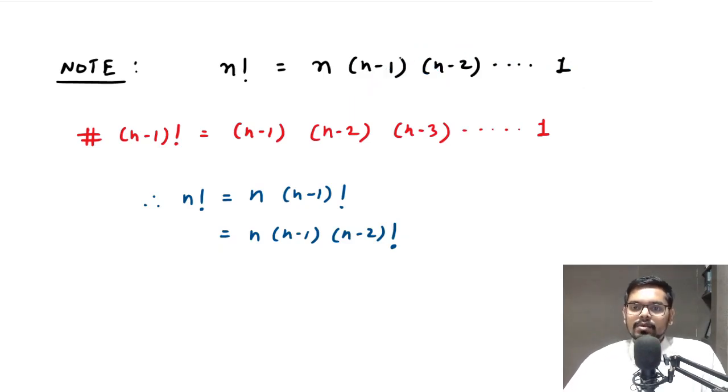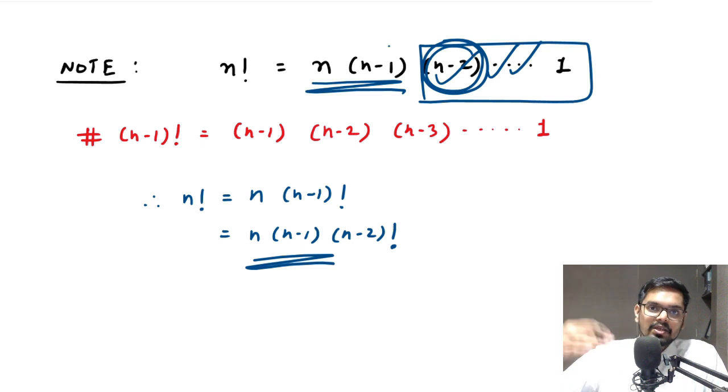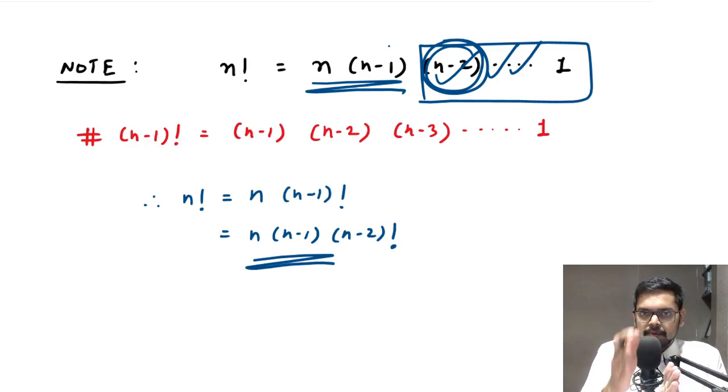Similarly, if I write these 2 terms and then make a box from here, n minus 2, n minus 3, n minus 4, and so on up till 1, this is nothing but the n minus 2 factorial expansion, because n minus 2 factorial says start with n minus 2, then go a number back, and so on up till 1.